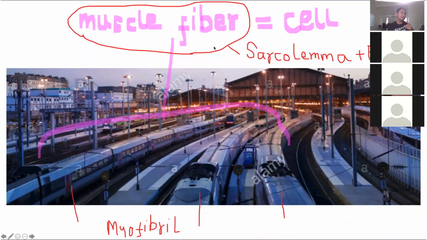The muscle fiber we just wrap with the sarcolemma and the endoplasmic reticulum. That will be a muscle cell. So that is equivalent to a cell. Sarcolemma means cell membrane, and sarcoplasm is the same as cytoplasm. And now we have used the term endomysium, yeah.